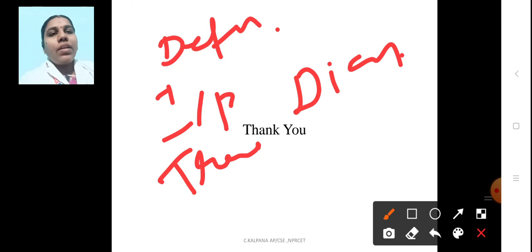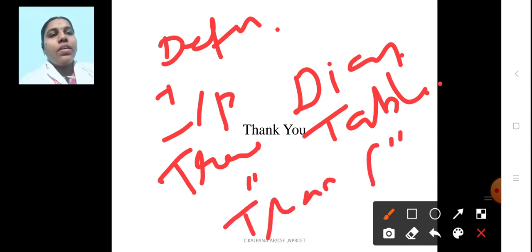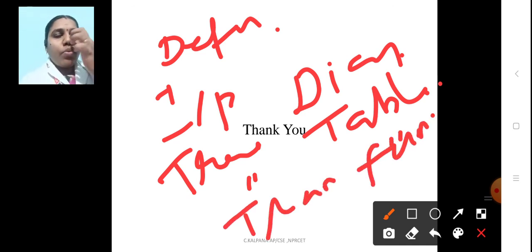Then, based on the transition diagram, you have to draw the transition table. Finally, use the transition function to check whether the given input is accepted or rejected. The same example and the same concept we followed for DFA, we have applied in NFA, but in NFA we have more than one transition for the same input. So this is the example of DFA and NFA.